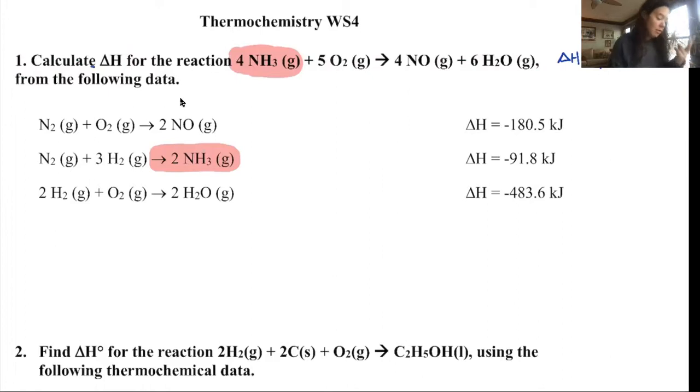So I need 4. I have 2, so I will need to multiply this by 2. I have 4 reacting. This has 2 produced, so I will need to reverse. So I'm going to times it by 2 and reverse. So let's rewrite that, okay? Over here, let's rewrite it to where it's times 2 and it's flipped so that I now have 4 NH3 gases.